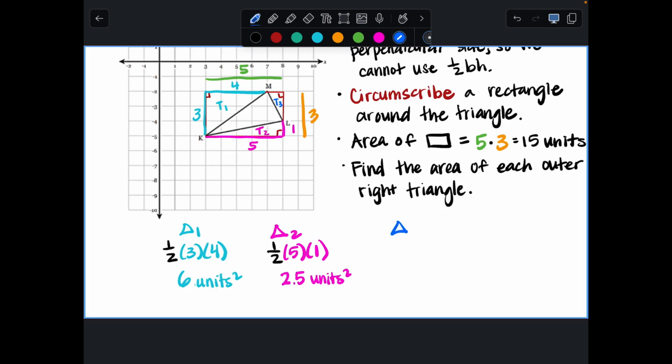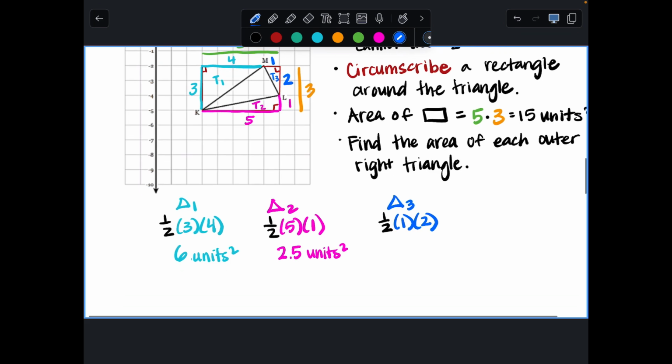Okay, what about the area of triangle 3? 1 and 2, yeah.